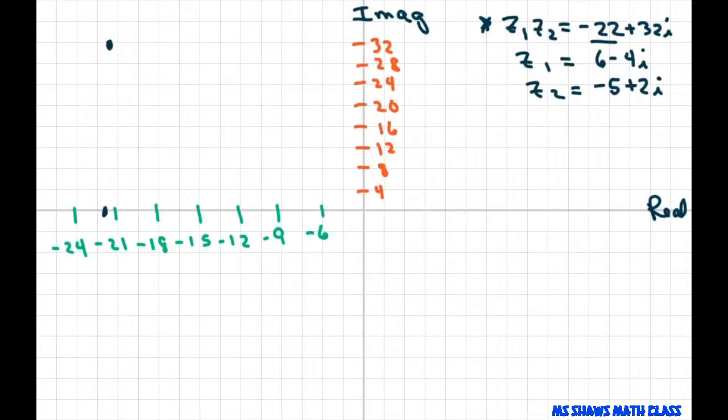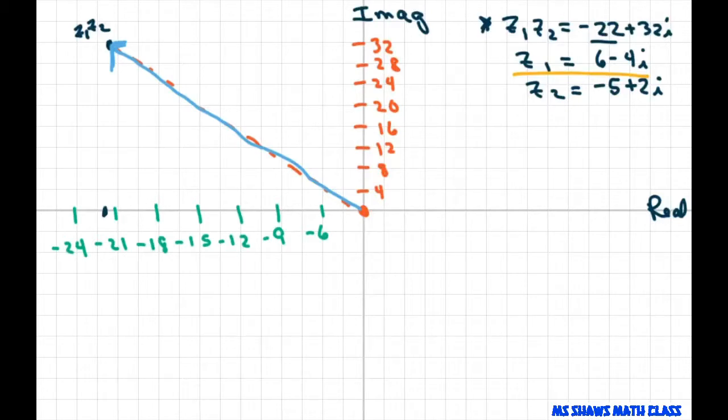So that's Z1 Z2, and then from the pole here, you draw your arrow. Let's see how good I can do on this. I'm going to try to make this even, and then draw your arrow. So that's Z1 Z2.